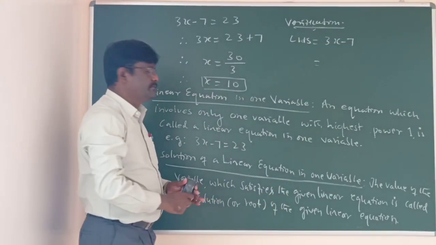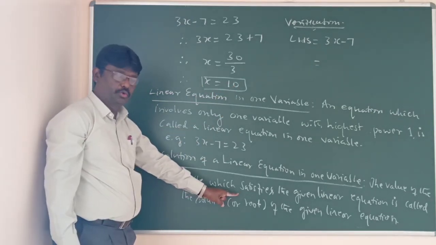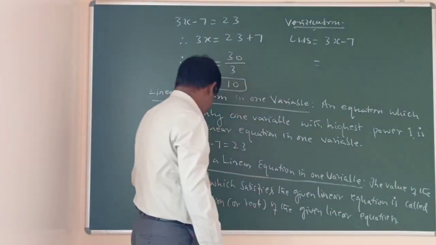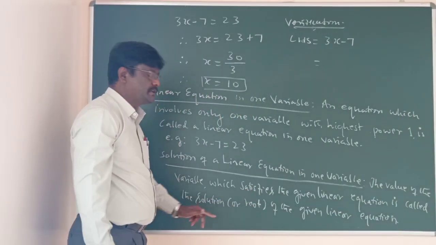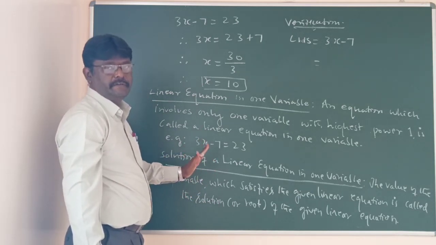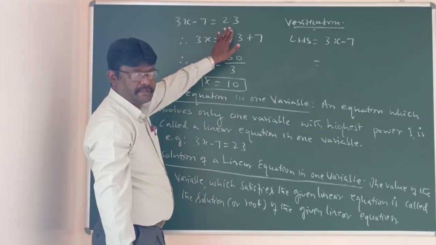Here we say x equal to 10 is the solution or root, the value of the variable which satisfies. In the case of an equation, satisfies means true, that is, the left hand side must be equal to the right side.